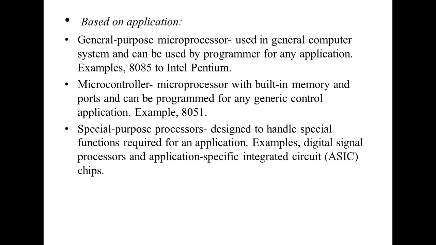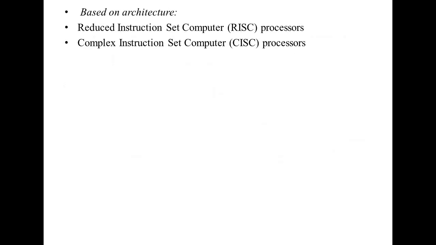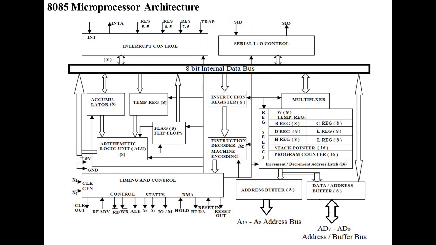Based on application, they can be classified as general purpose microprocessors, microcontrollers and special purpose processors. A special purpose processor is designed to handle a specific task for an application, for example digital signal processing or an ASIC processor. Based on architecture, microprocessors can be classified as reduced instruction set computer processors and complex instruction set computer processors.